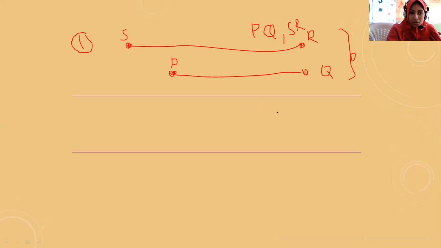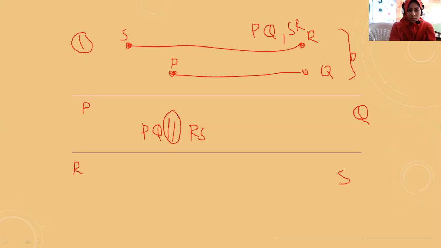But if you see this PQ and this RS, these both are equal. These are both parallel. So you can write that PQ is parallel to RS. This is the sign of parallel. You can denote it like this.